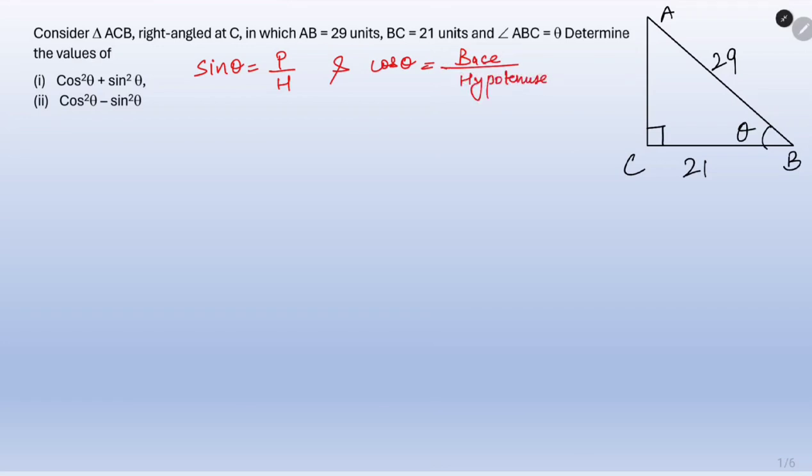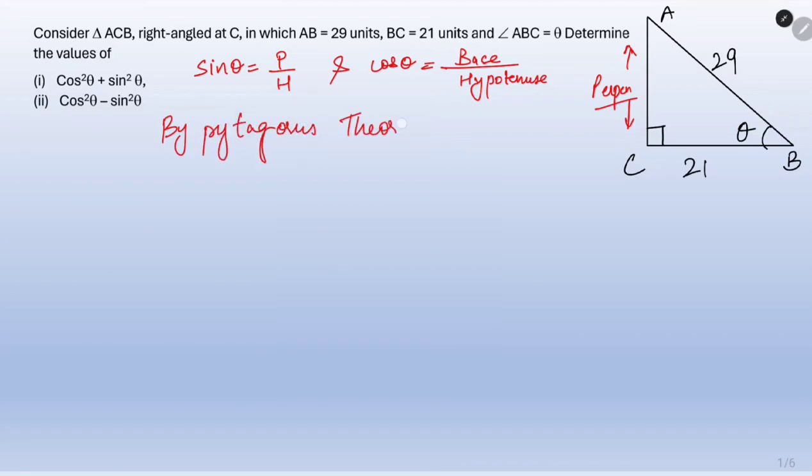For sin theta we don't have the value of perpendicular here. This is the perpendicular AC, sorry, not AB. In order to find the value of AC, we will use Pythagoras theorem.